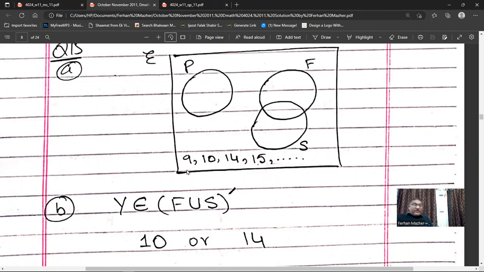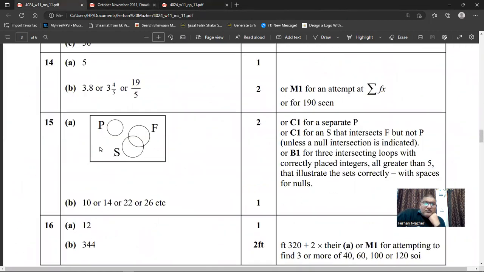I've written a short list of them because this is an infinite list. And here you have 9, 10, 14, 15. It says the number should be an even number, so it can be 10, it can be 14. So our answer is right.